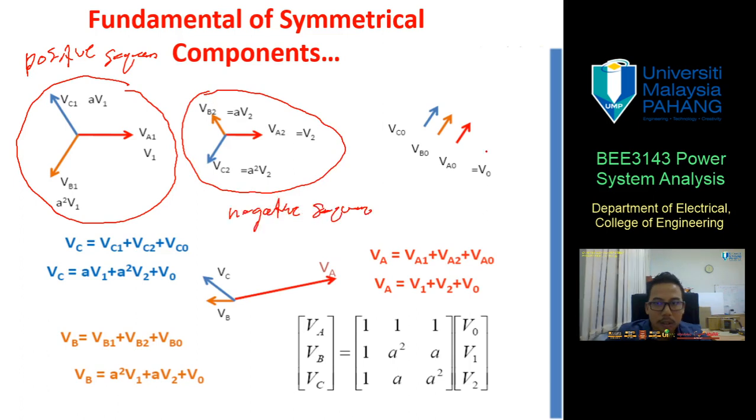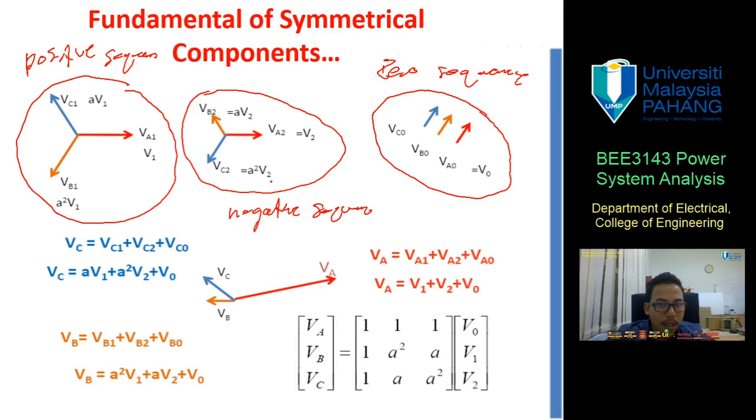This one is 0, the zero sequence. Then for each sequence V1, V2, and V0, each phase for the positive sequence differs by A times V1, like that.